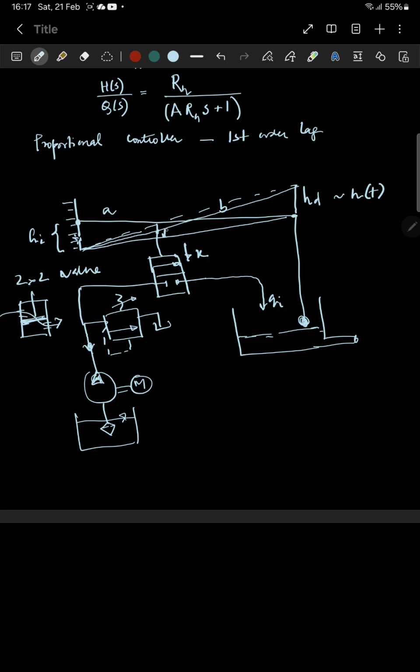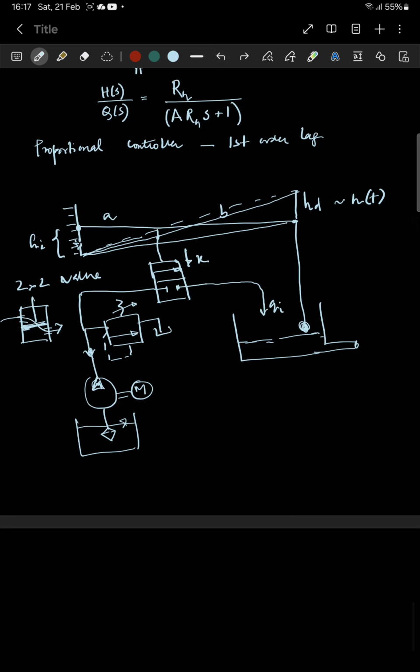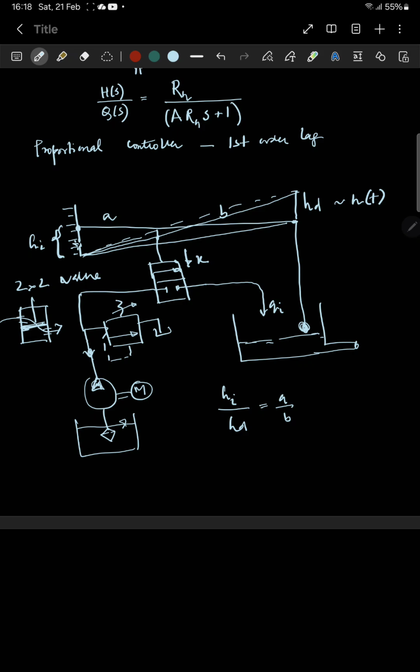Now we have hi, sorry, this one, this is hi divided by hd, which is equal to a by b from similar triangles.